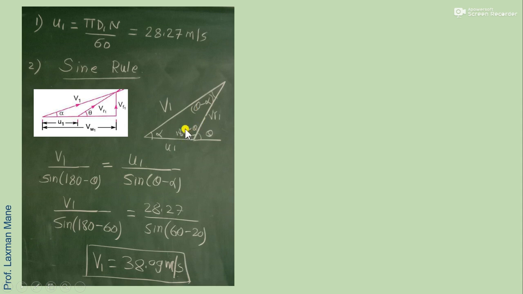The sine rule is: ratio of any side to the sine of its opposite angle. As per the rule, we can write V1 upon sine of 180 minus theta is equal to U1 upon sine of theta minus alpha. Now in this case, theta and alpha are given and U1 is calculated. So we get V1.